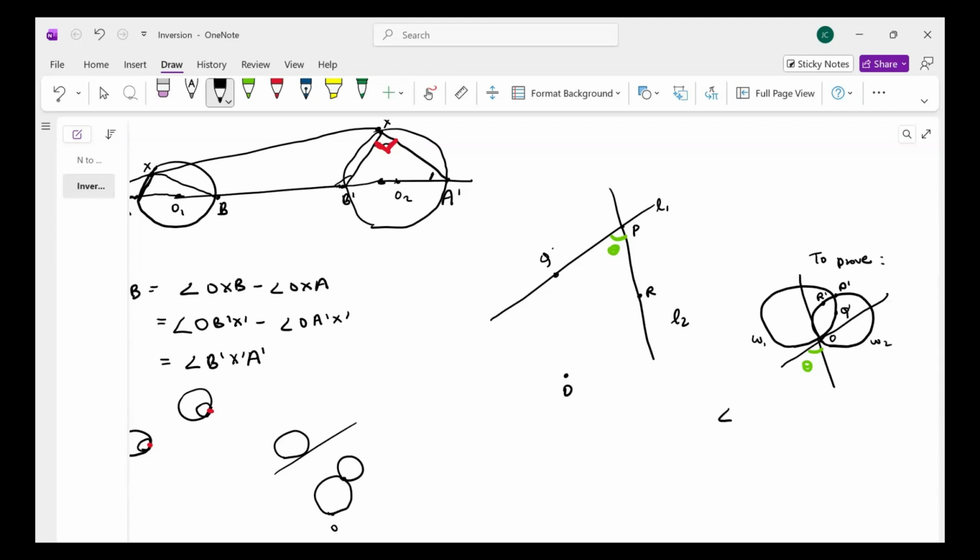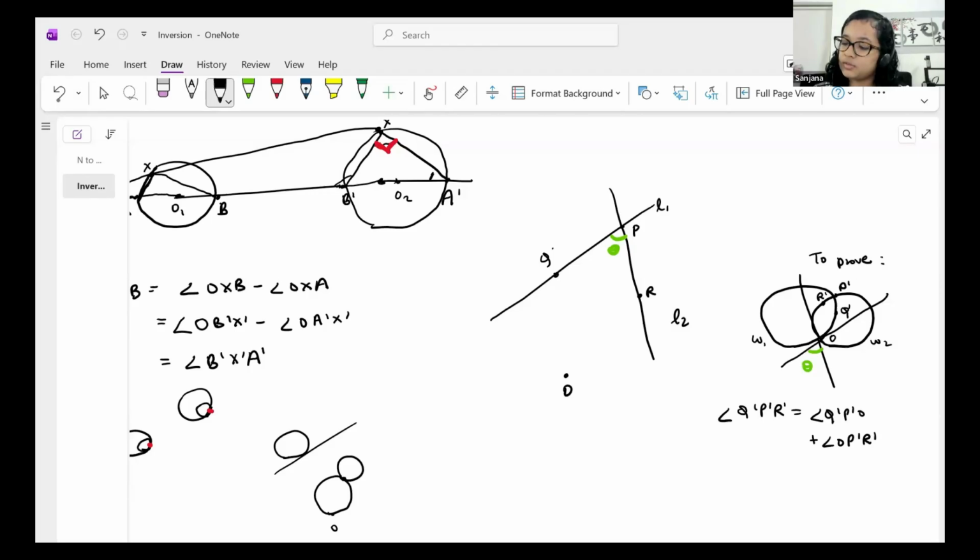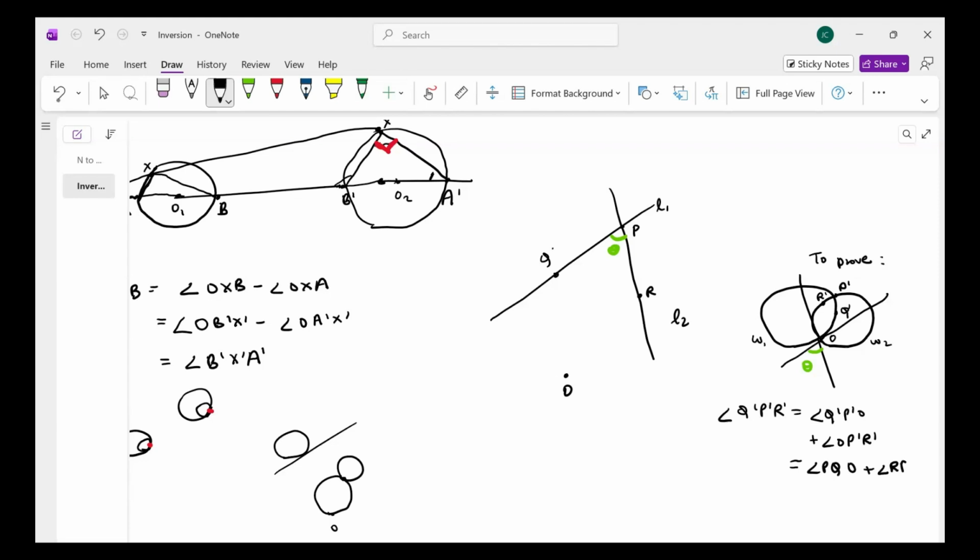So angle Q P prime R would be angle Q P prime O plus angle O P prime R. And that is angle PQO plus angle PRO.